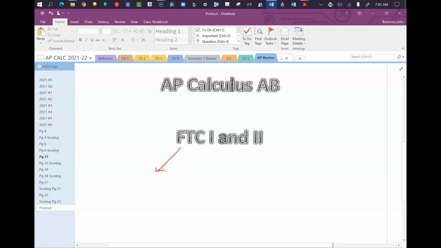FTC1, or the antiderivative part as our book calls it, basically says the following.